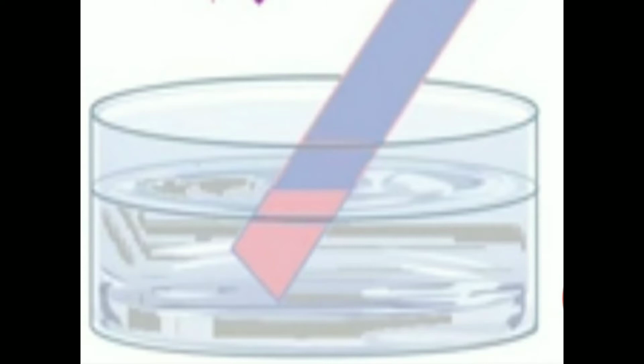Why did this happen? Because we already know whenever litmus comes in contact with acids, it turns red. So that's why we used a blue litmus paper, which turns red, showing that the solution is acidic in nature.